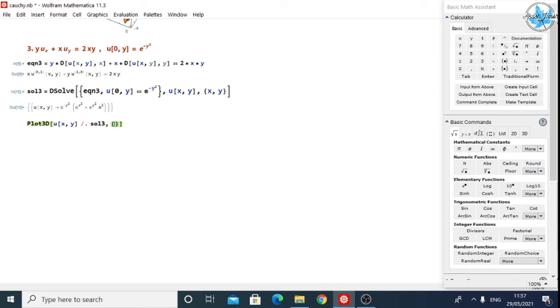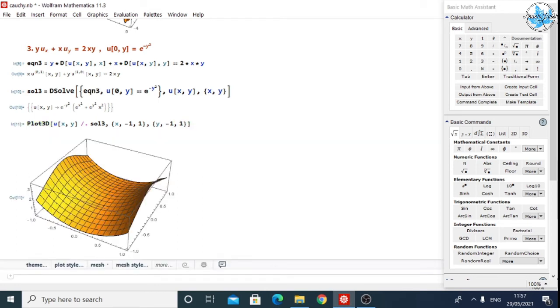Then I will define the domain. x varies from -1 to 1, and then let's take y varies from -1 to 1. Then shift plus enter, then see, this will be your graph. Okay, I hope now you are able to solve the Cauchy problem equation.